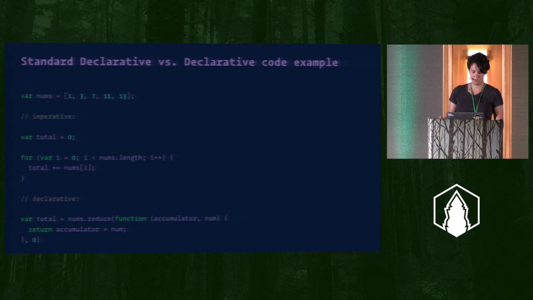It's more declarative in that you're saying what the output you want is, which is that you want to reduce that array to a single value. And you're leaving the implementation of creating your iterator variable, increasing it each time, and going through your loop up to the basic array prototype methods.